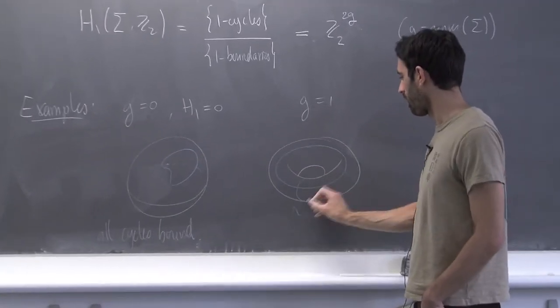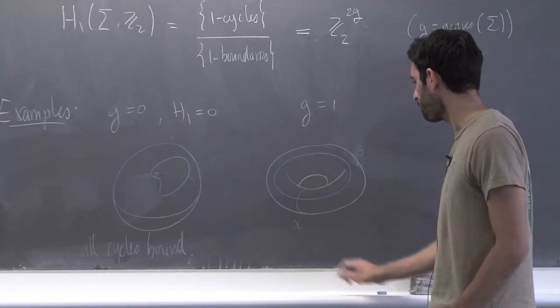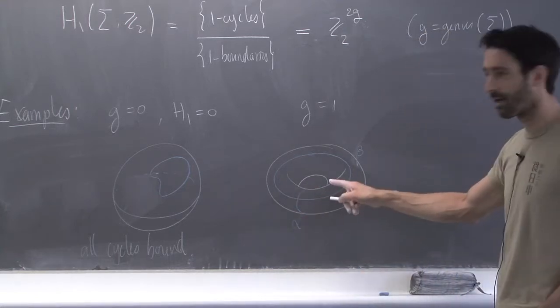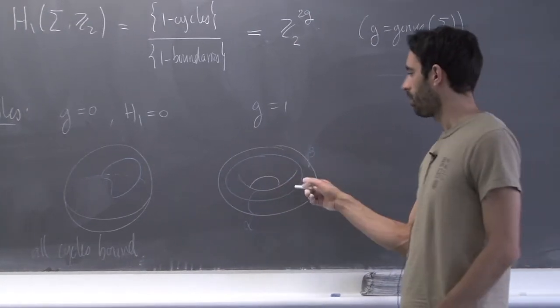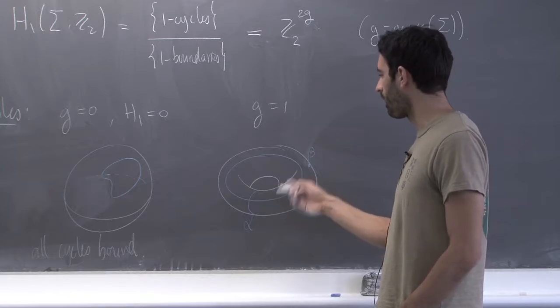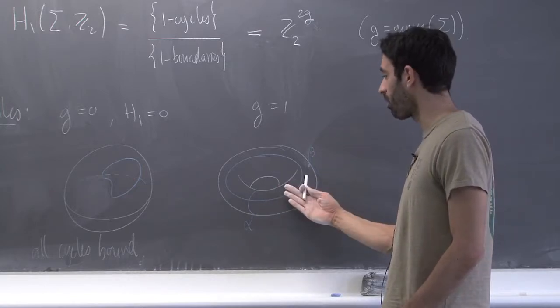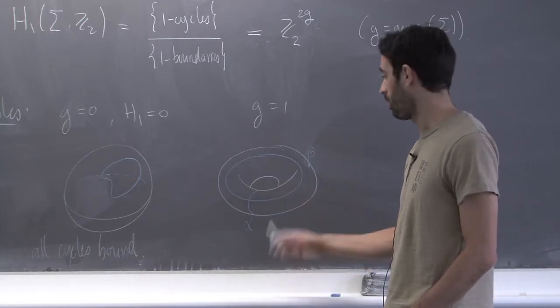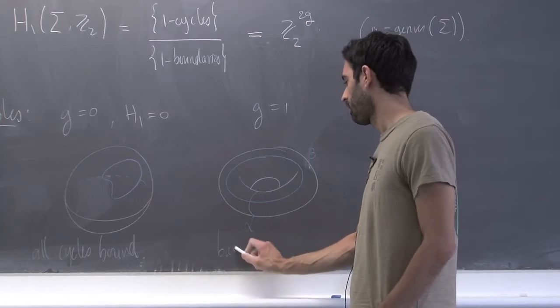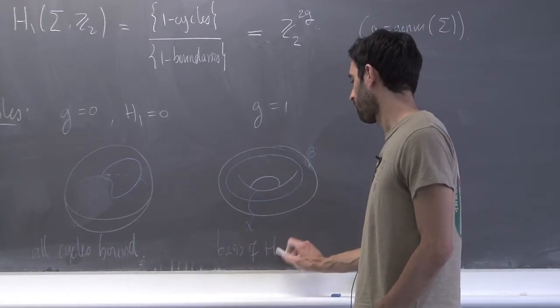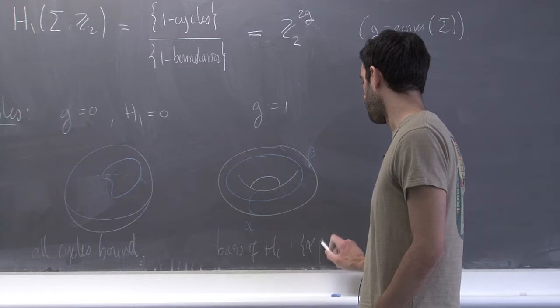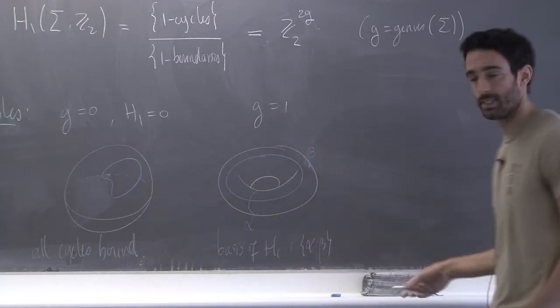It would be this alpha and beta. These are 2 cycles that do not bound, and both of them are actually different. If you take their sum, it also does not bound. Okay? So basis of the homology is given by alpha, beta. That's one example of basis.